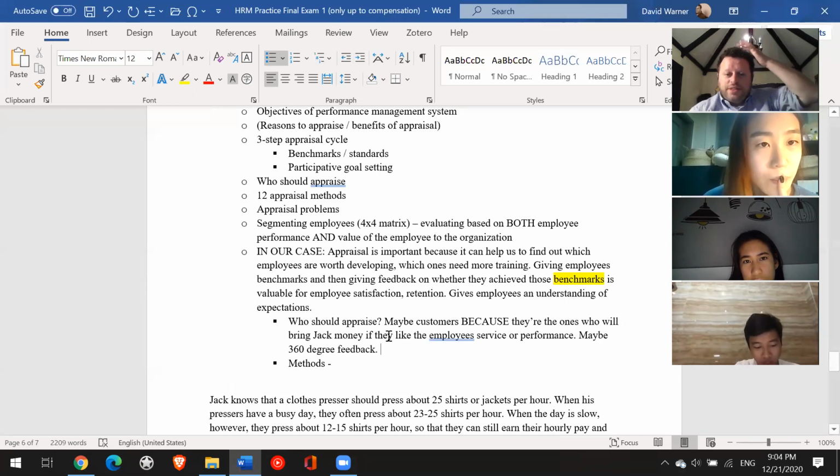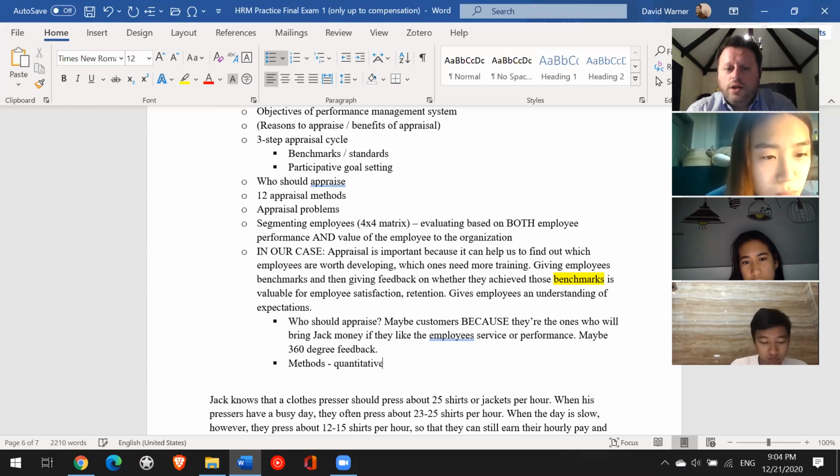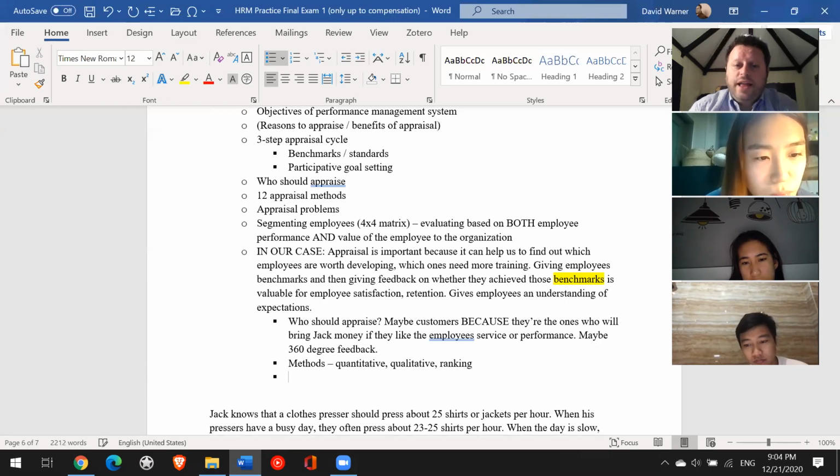I agree with that, but that's the who-should-appraise idea. That's not the method. Should it be quantitative, qualitative, or ranking, first of all? And then of those 3, which one do you recommend and why?